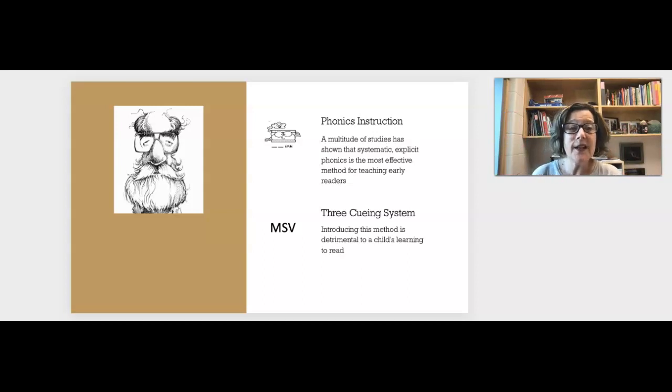What they're saying is that the 3 cueing system, introducing this method, is actually detrimental to a child learning to read. So they're not just saying it's a little bit bad. It's bad. And so we're going to talk a little about how education always does the pendulum swing, like balanced literacy. Now nobody wants to do balanced literacy. Now we're all doing science of reading, and in 20 years maybe we're all swinging back to something else.